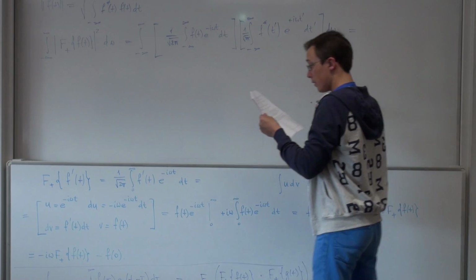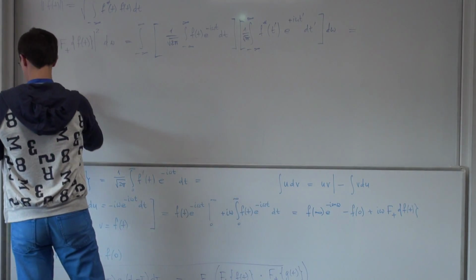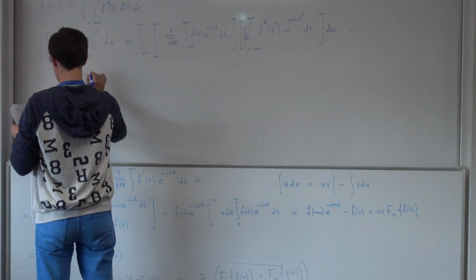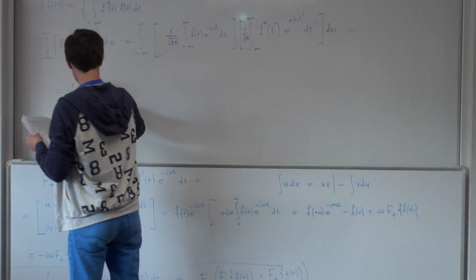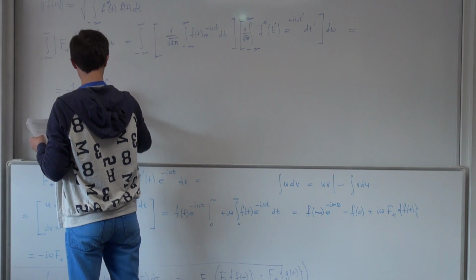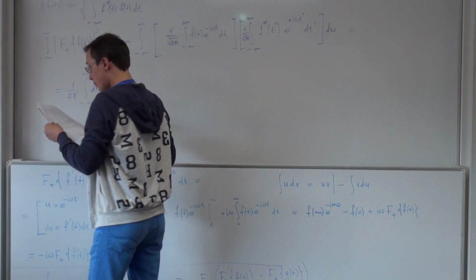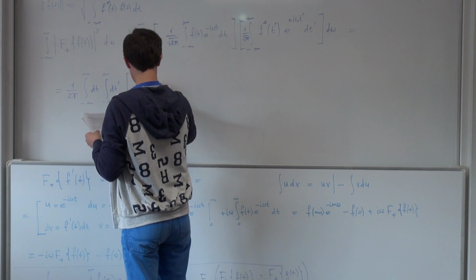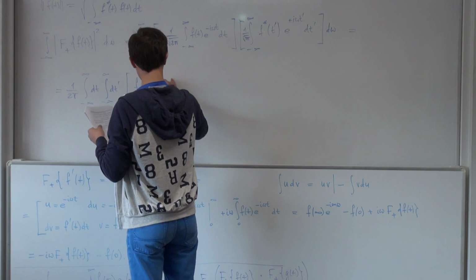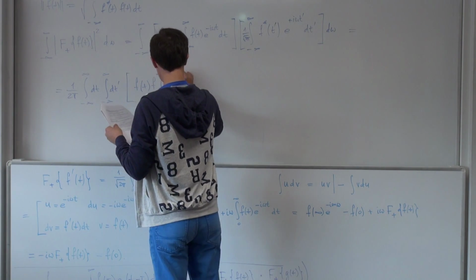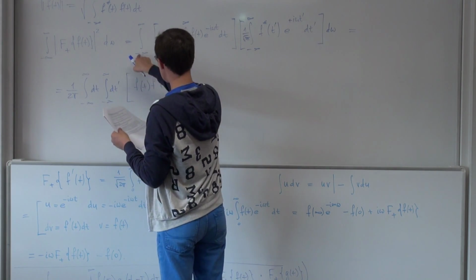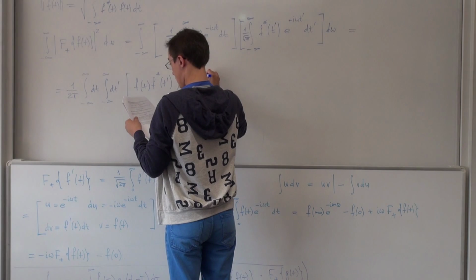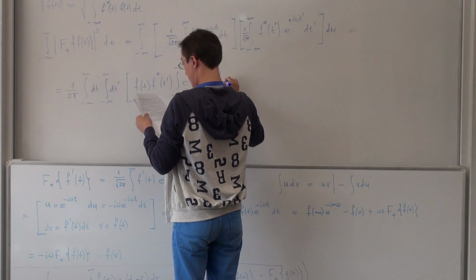So what we'll have from this is 1 over 2 pi, integral from minus infinity to infinity with respect to t, dt, integral from minus infinity to infinity with respect to t prime, and then it all integrates the following thing: f of t, f conjugate of t prime, times the integral from minus infinity to infinity, that's that integral that I migrated in, e to the minus i omega (t minus t prime), d omega.